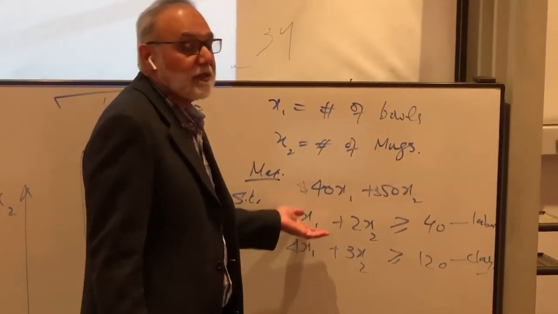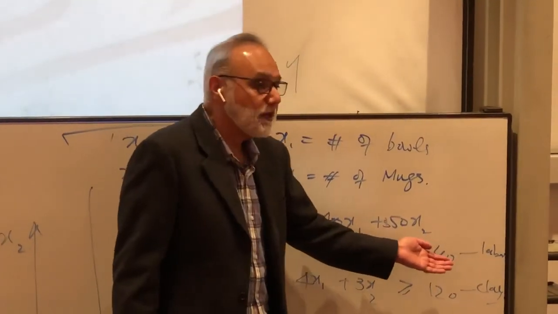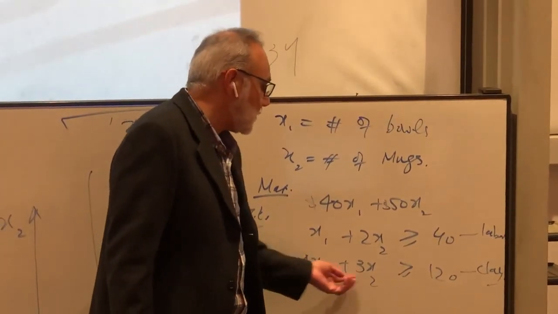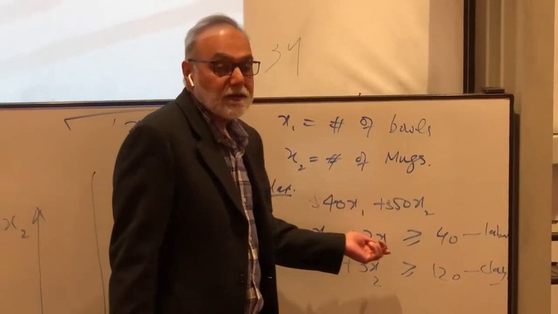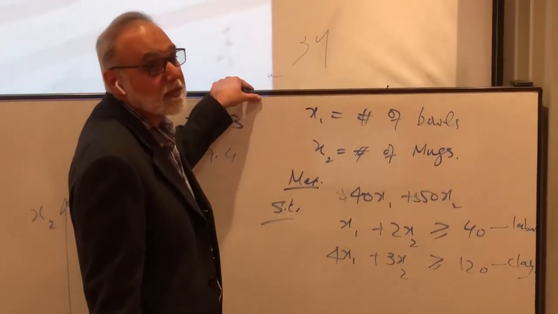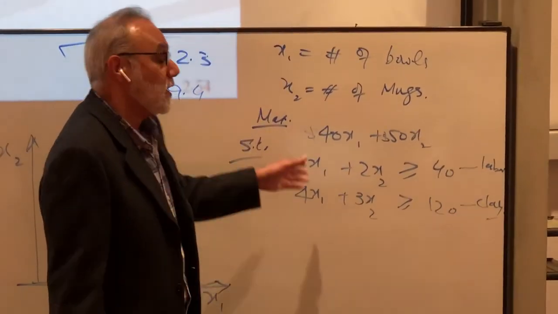The variations will be there in the profits, in the cost, in the availability. We may have a new machine which can cut these numbers. These are also called technological coefficients. The constraint parameters are called technological coefficients. They may change.